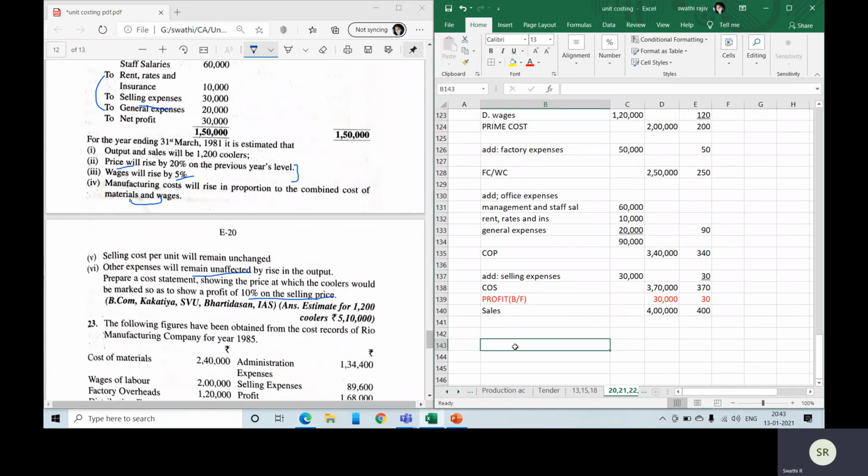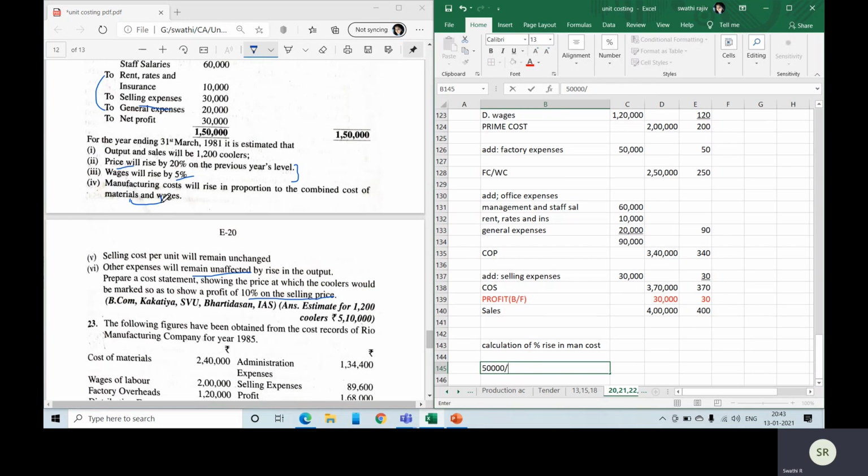So here we again have to make a calculation, that is manufacturing calculation of percentage rise in manufacturing cost. So manufacturing cost currently it is how much? 50,000. 50,000 divided by, it will rise in proportion to combined cost of material wages.